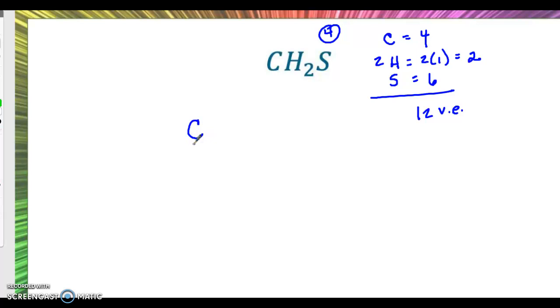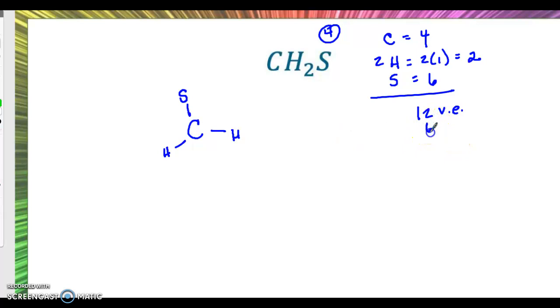It is attached to 3 other atoms. So I'm just going to start this way. I know the carbon is bonded to each of the hydrogens, and I know that it's also going to be bonded to the sulfur. Okay, I know I'm not done, but just to get a start, there are only 3 connections between carbon and other atoms, because there are only 3 other atoms.